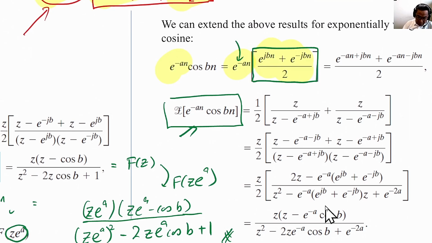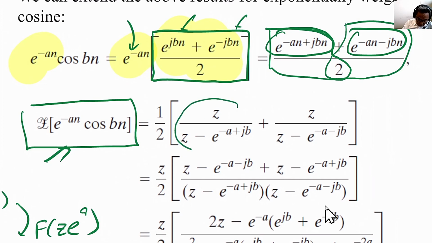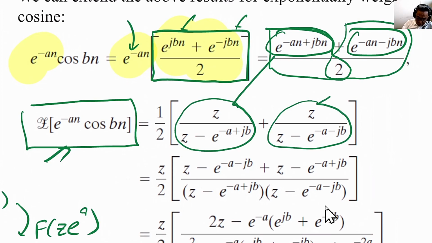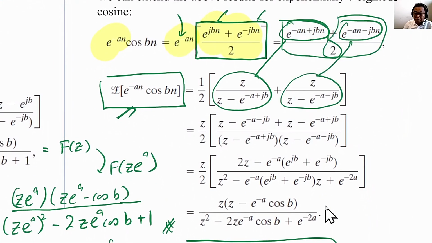We can distribute e^(-an) into the cosine, and we get this expression over here. Again, we use linearity to perform the z transform individually. This is the z transform of the first expression, and the z transform of the second expression. The 2 here goes out as a half.